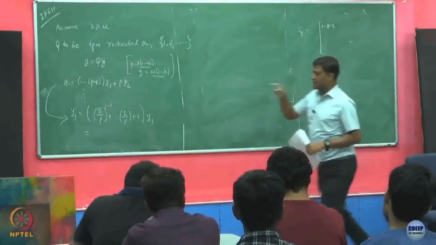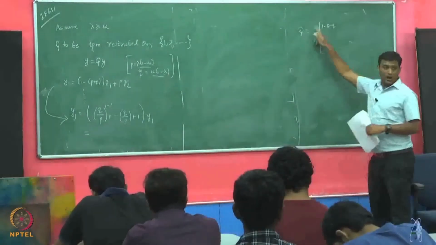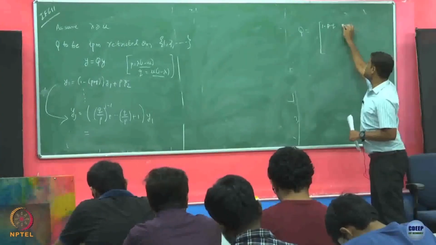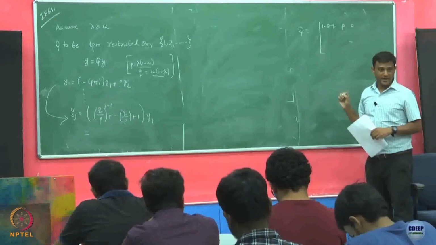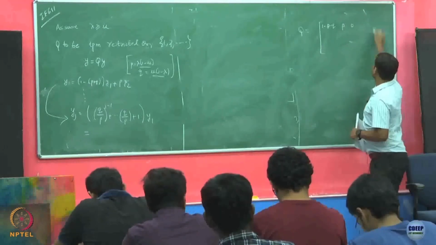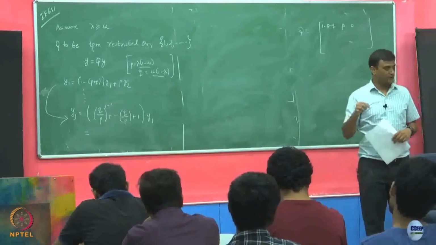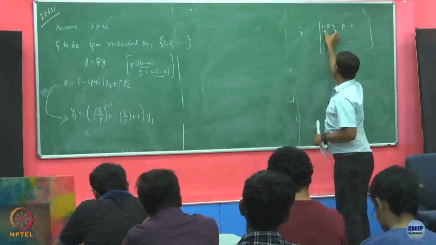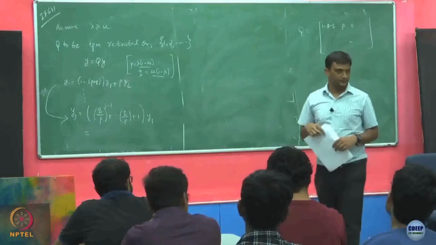I am interested in a row here, so what is the second component? This is going from 1 to state 2, so it is just going to be p, and after this it is going to be 0. When I multiply with the column vector y1, y2, I am going to get this into y1 plus p y2, right? So that should be correct.